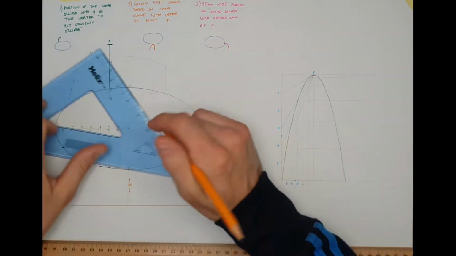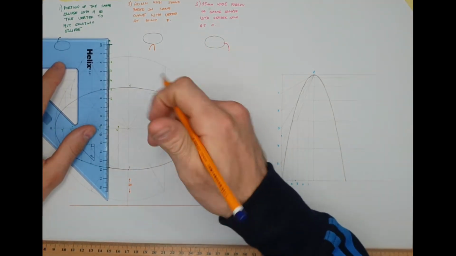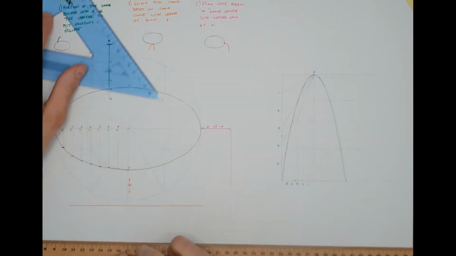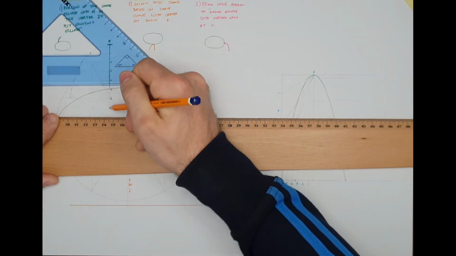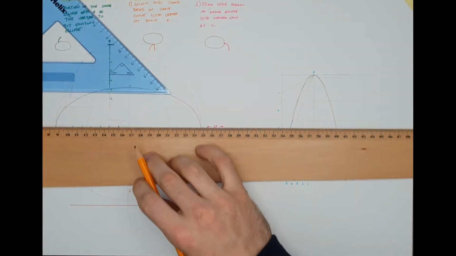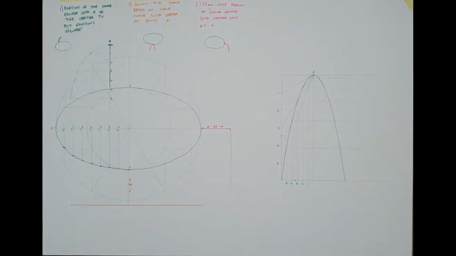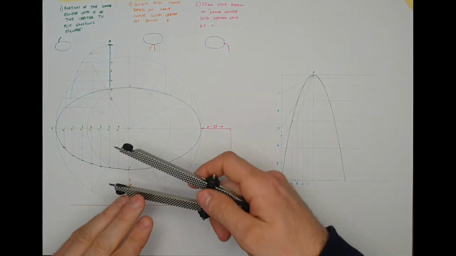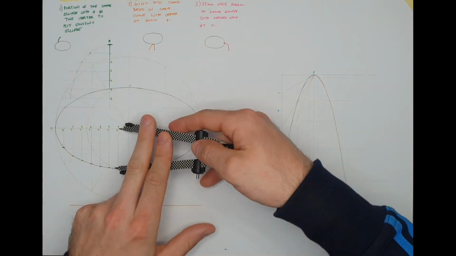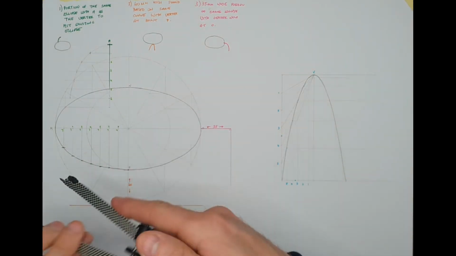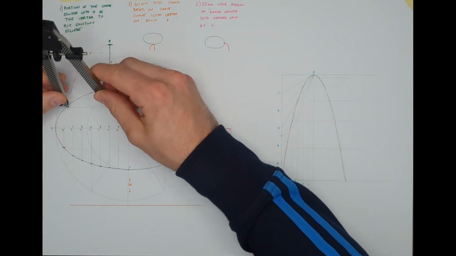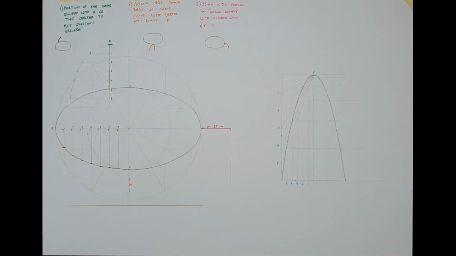I need to take the corresponding 7, and a distance out to the curve. And this time we have it.